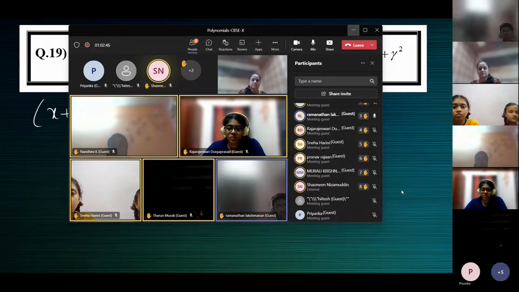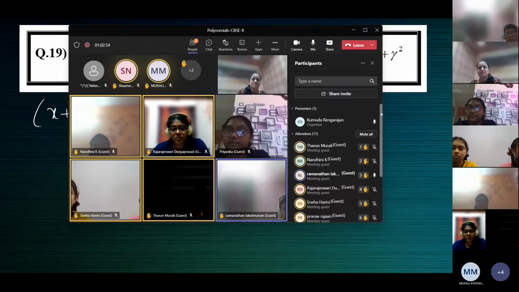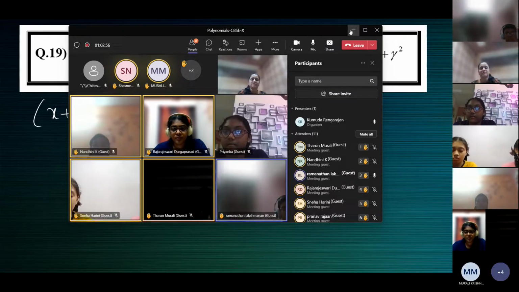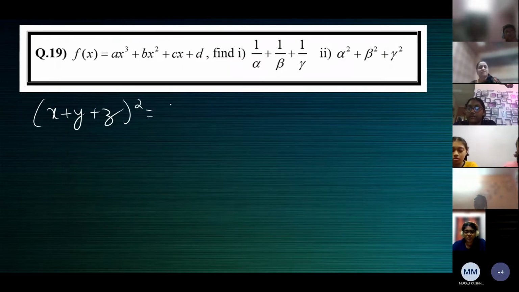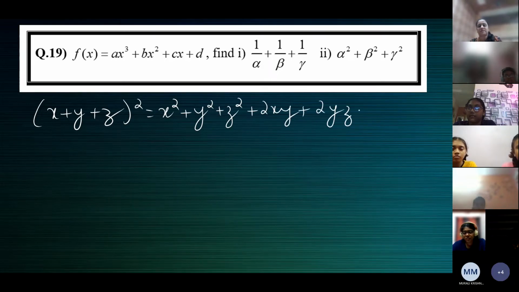X square plus y square plus z square plus 2xy plus 2yz plus 2zx. Very good, Ramanathan. So x plus y plus z the whole square is x square plus y square plus z square plus 2xy plus 2yz plus 2xz. This is what 9th standard has taught us.